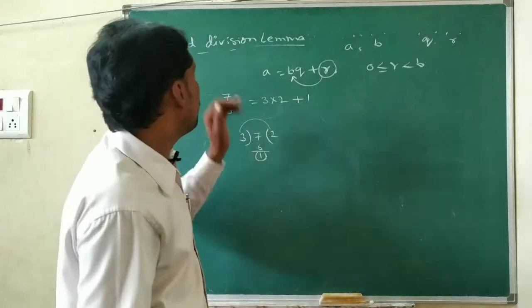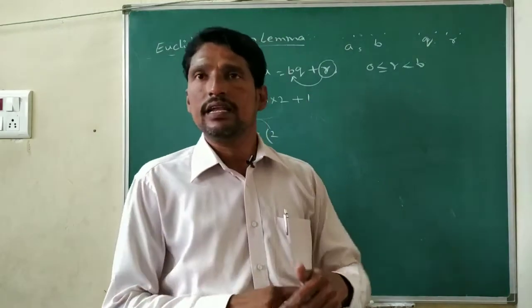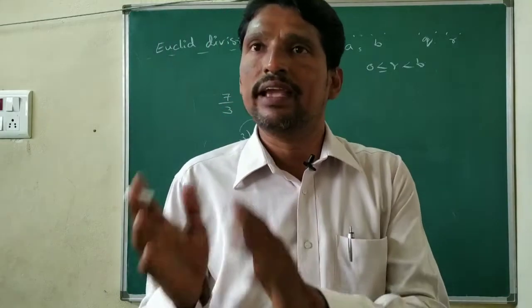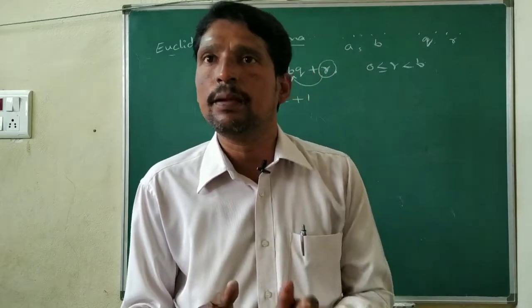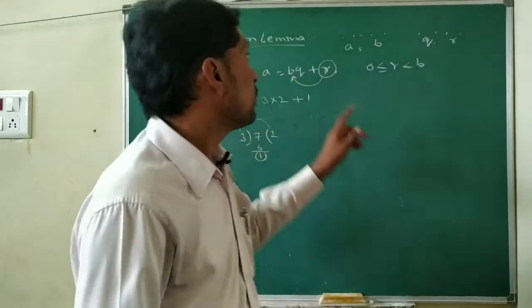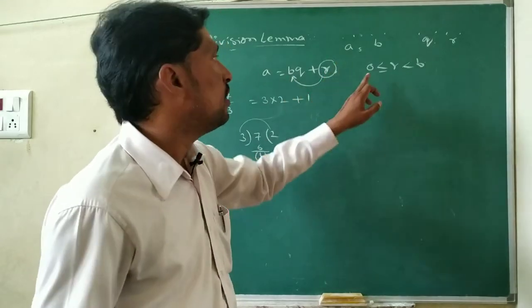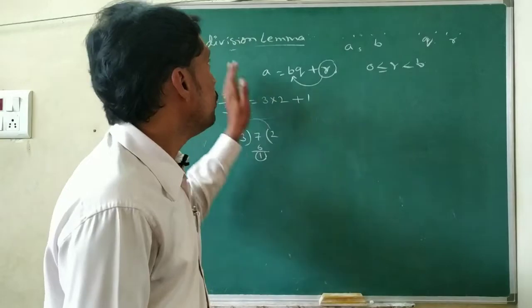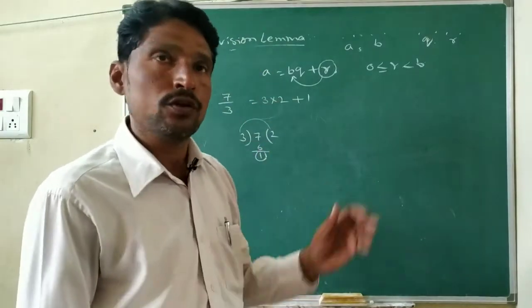So this is the Euclid division algorithm. Given positive integers a and b, there exists a unique pair of integers q and r satisfying a equal to bq plus r, 0 less than or equal to r less than b, is called Euclid division lemma or division algorithm.